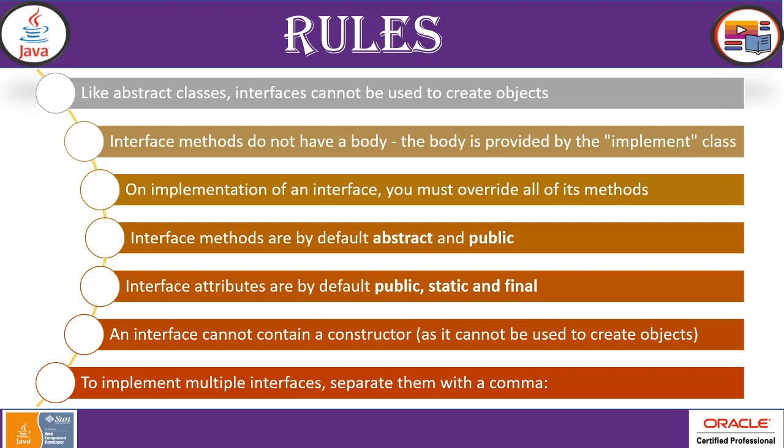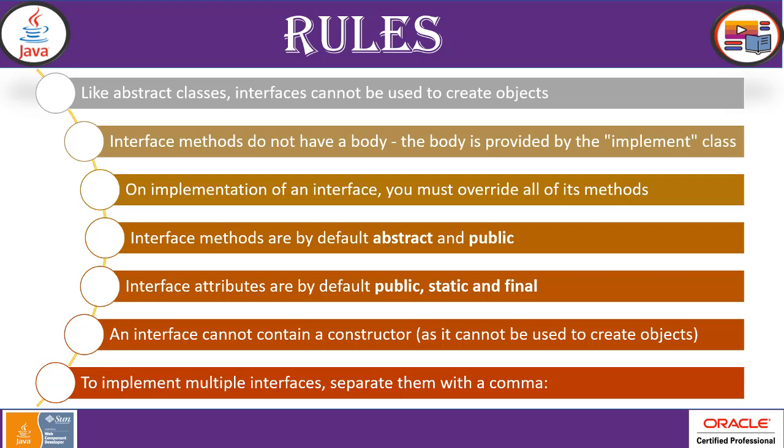Like abstract classes, an interface cannot be used to create objects. We'll see abstract classes in detail later in the session. But to understand it now, interfaces cannot be used to create an object, because interfaces are just like a class, but they are not a class.